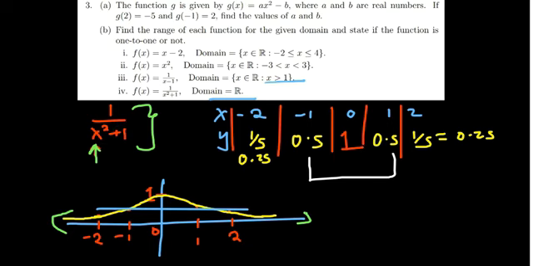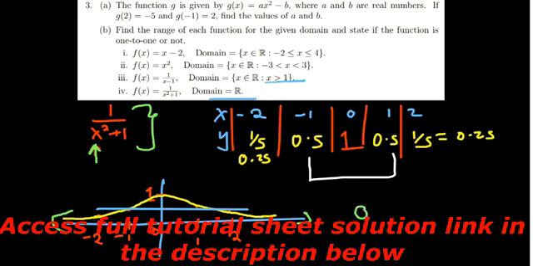So the expected range is that the highest value is 1, and all the values are between 0 and 1. So 1 is part of the solution set, but I believe 0 will never be part of the solution set. So you can try to come up with the range of that function. Yeah, you can try to find the range.